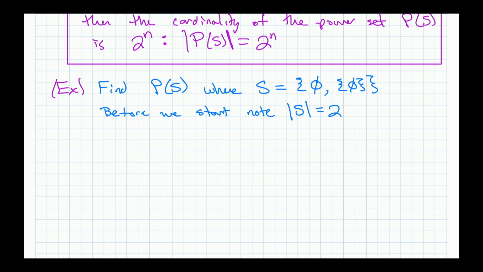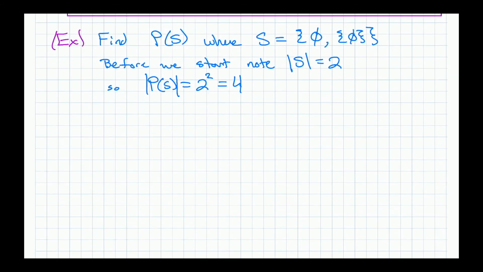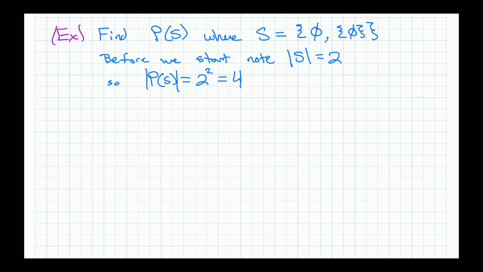So how many things should be in the power set? The cardinality of the power set should be 2 to the 2, or 4. So our power set should have 4 things in it. And if it doesn't, then we messed up. So that's why it's good to know how many things are in there so you don't screw it up.